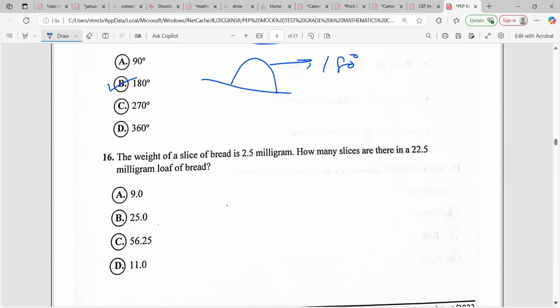How many slices are there in a 22.5 milligram loaf of bread? I want to see how you guys work on that. Guys, we can stop here for today, after that one, all right?